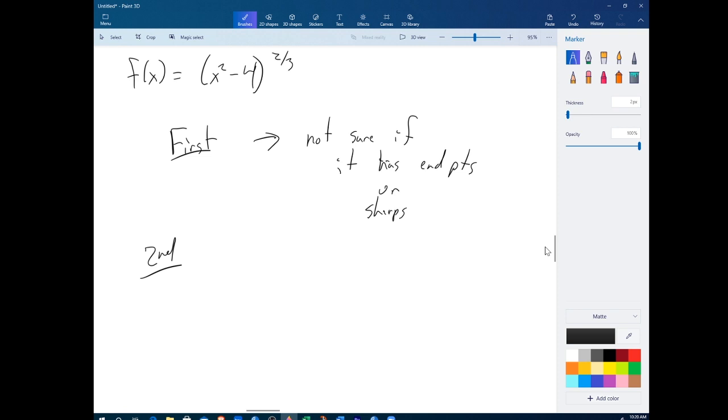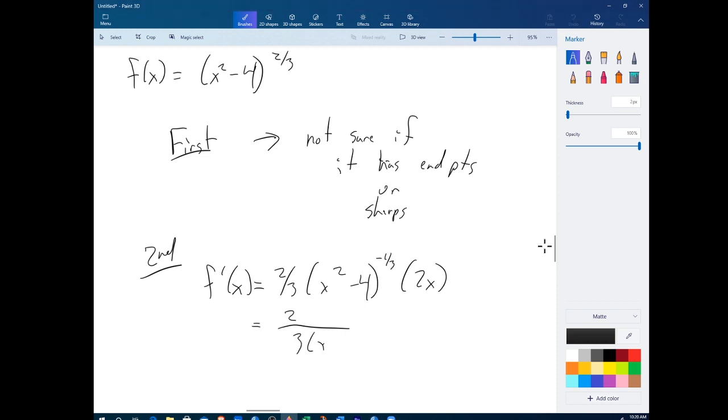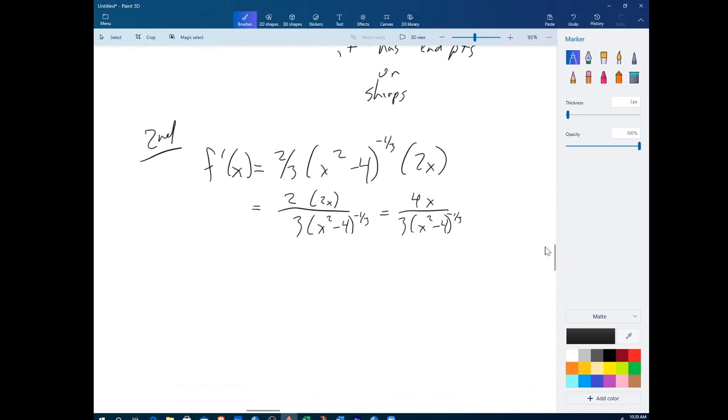Second, I'm going to take the derivative. Now, in this case, when I set it equal to 0, very conveniently, the bottom of your fraction can never make your function 0.